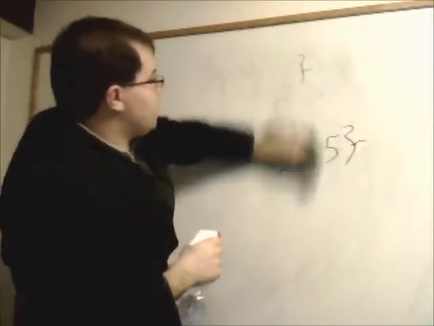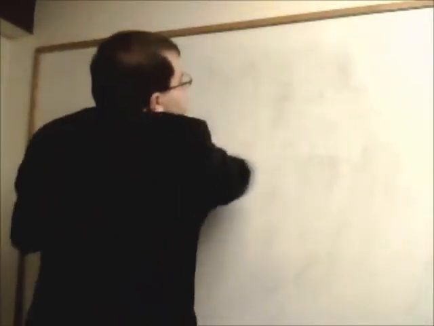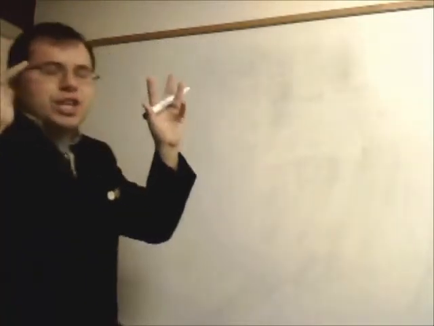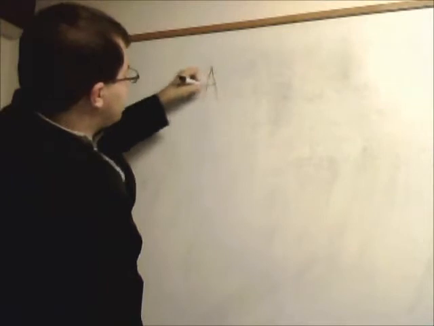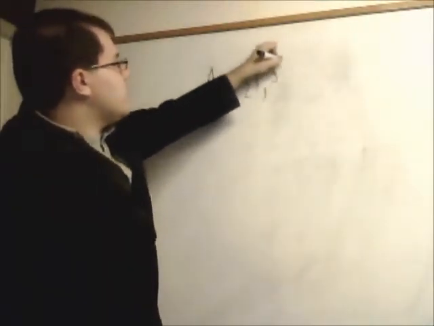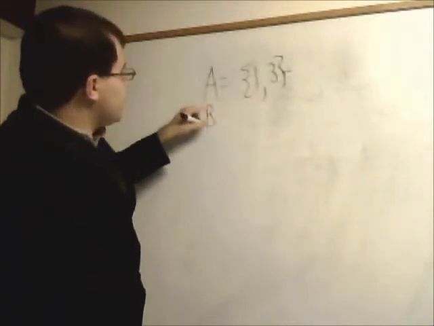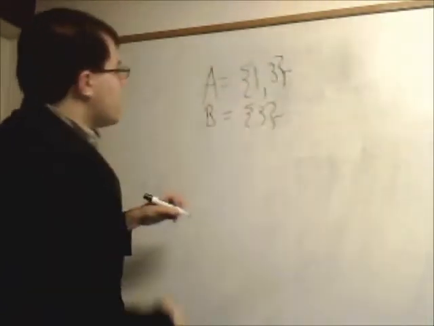So next we're going to talk about set difference. Now set difference is more of what you'd consider something subtraction-like. So I'm going to suppose there's a set A, and it has {1, 3} inside of it, and B is going to have {3} in it.